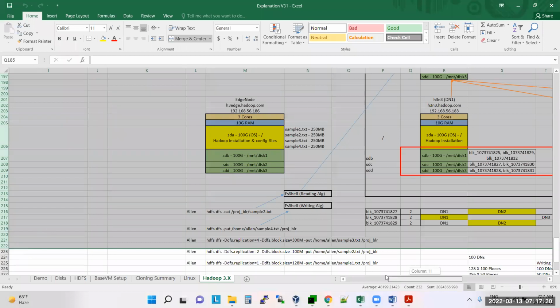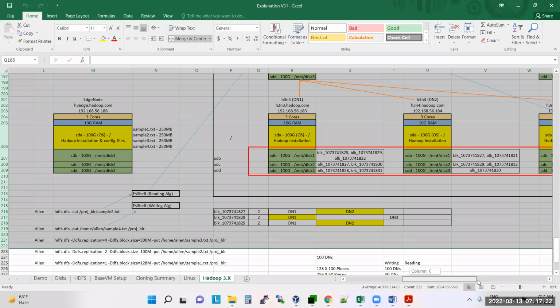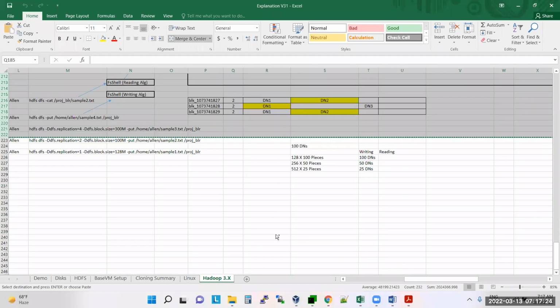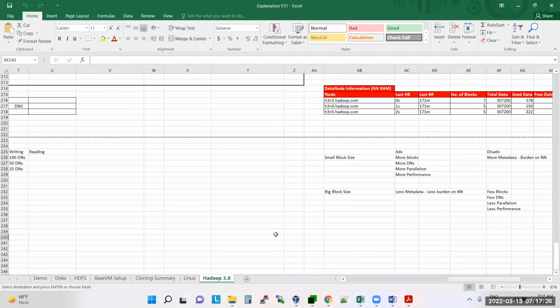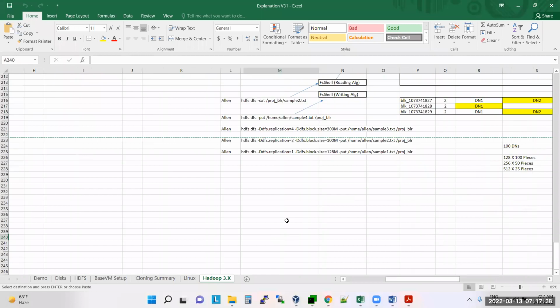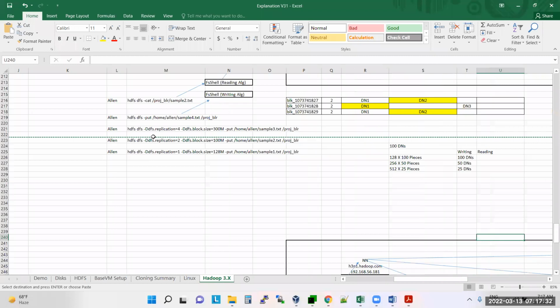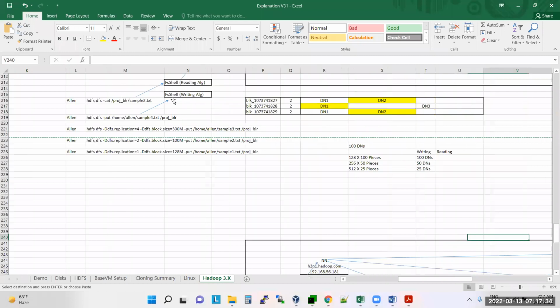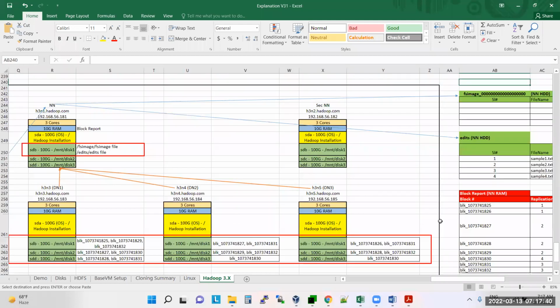So what I will do, I'll put the same thing here. Now this is the one. I'll remove all these things: FS image, edit log. I'll remove the block report also, just for understanding purposes.